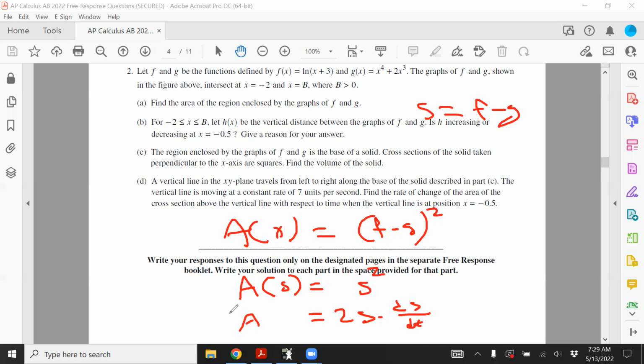And of course, it's dA over dt, because you differentiate with respect to t. And they want the change in area. Well, here's the deal. We do need the length of the side at -0.5. So basically, you're going to do 2 times f of -0.5 minus g of -0.5. So you need to find that vertical distance. And then the derivative. But we did do the derivative in part B, right? We just did that. We know it's -0.60 repeating, right?